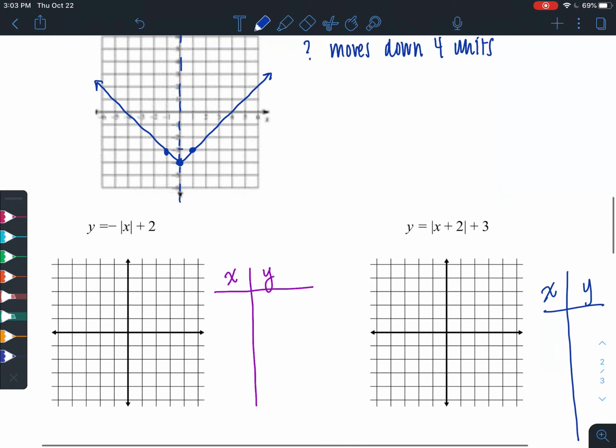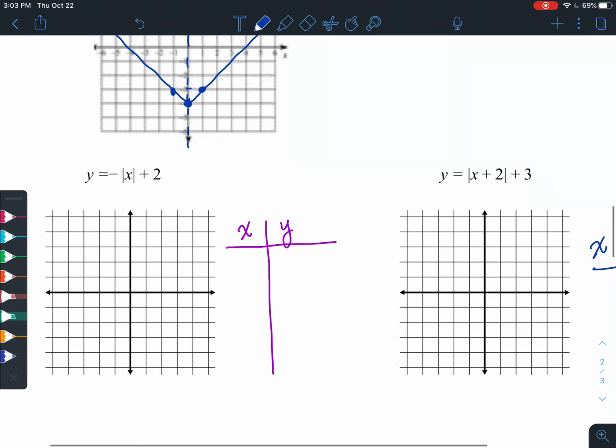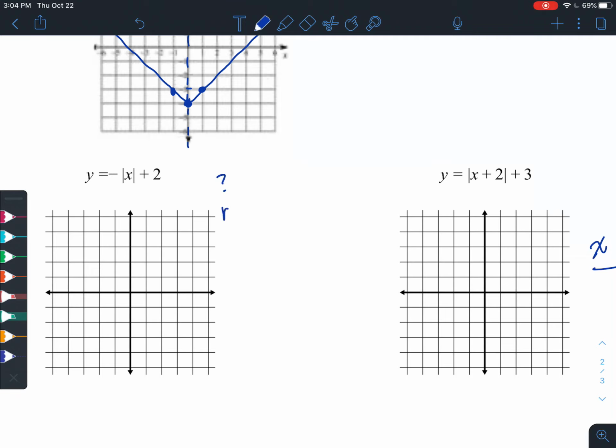All right, next up, we've got -x plus 2. What are the transformations? You should have said a reflection over the x-axis and then up 2. So we're going to take our graph and reflect it over the x-axis and shift it up 2.